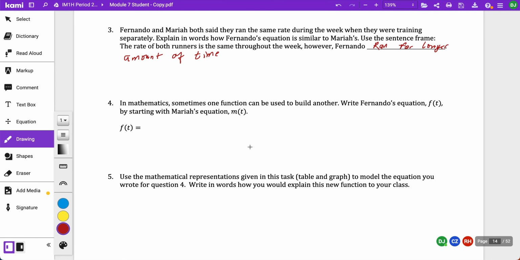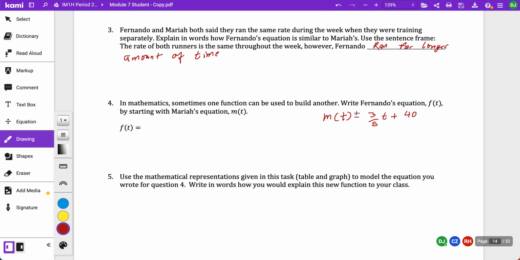So in mathematics, this is when we start combining functions. Sometimes one function can be used to build another. Write Fernando's equation, f of t, by starting with Mariah's equation, m of t. If we remember up above, m of t is equal to 3/5 t plus the 40 laps she ran.